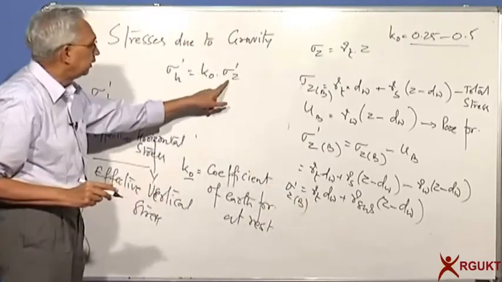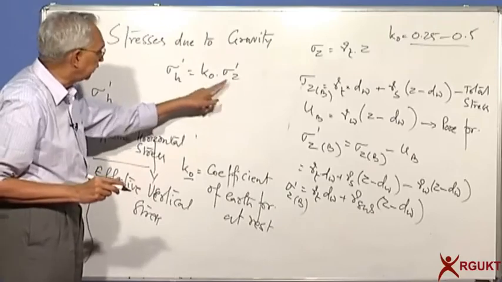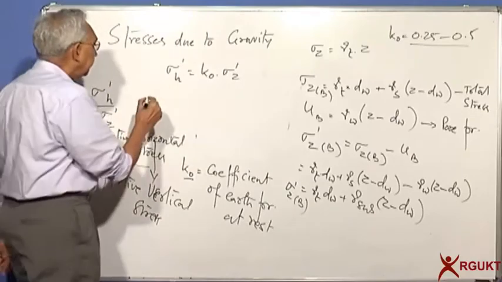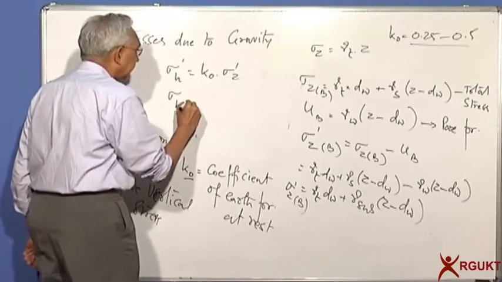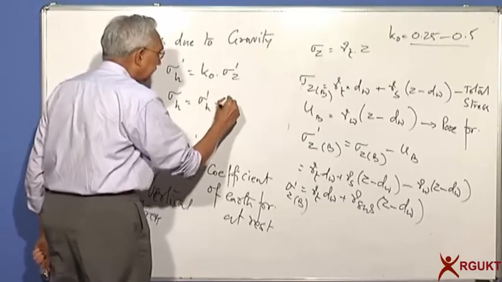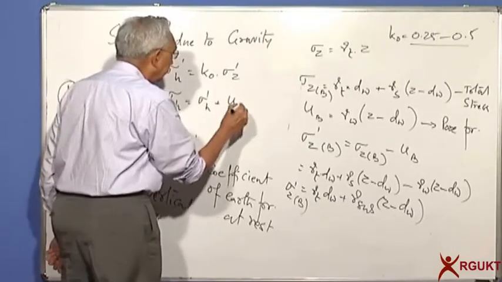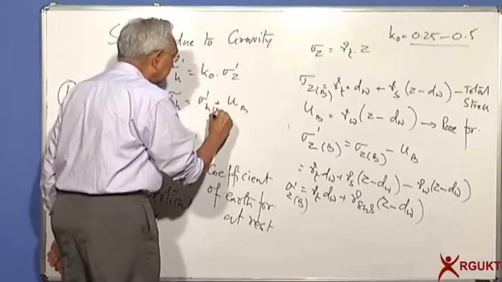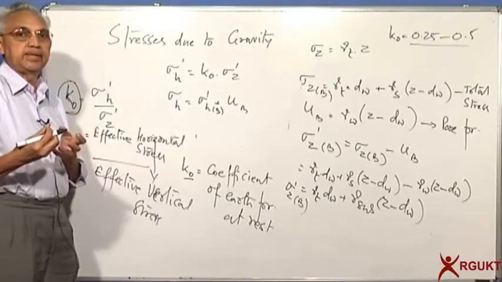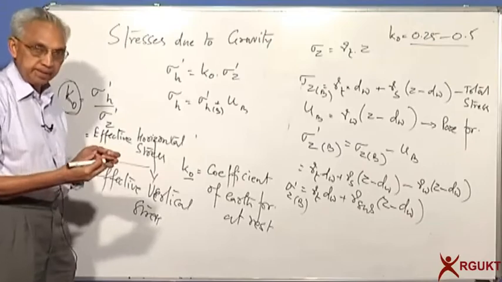If I multiply the effective vertical stress by K0, we get the effective horizontal stress. Then the total horizontal stress is equal to effective horizontal stress plus U at the point B, of course, wherever you are measuring. The reason is water pressure is hydrostatic. It is the same in all directions.